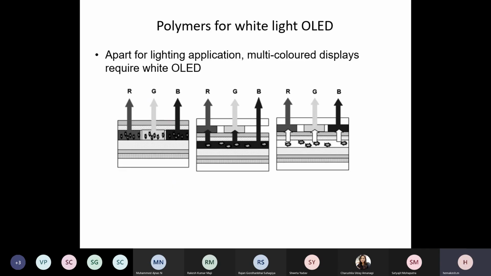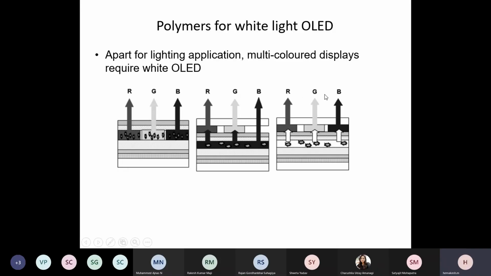Traditionally, the easiest way of making white LEDs is to have filters that mix and match the primary colors, either passive filters that filter out RGB in appropriate fashion, or active filters that are fed by blue light and then emit red and green. Or have filters that are also active emitters that absorb fluorescent light and then emit red, green, and blue.